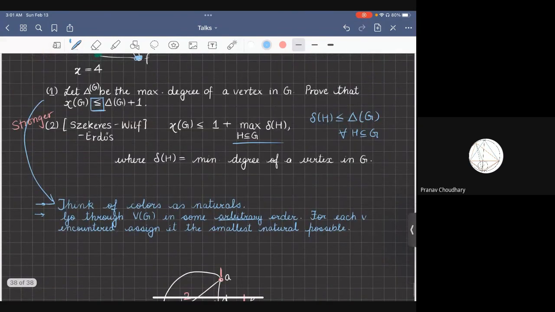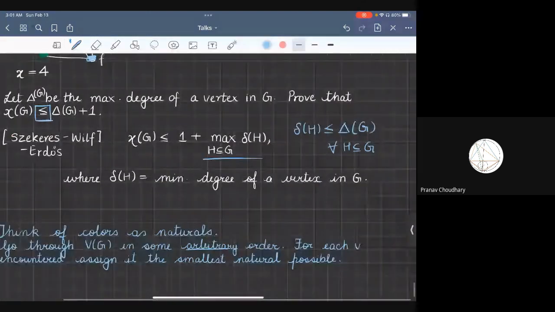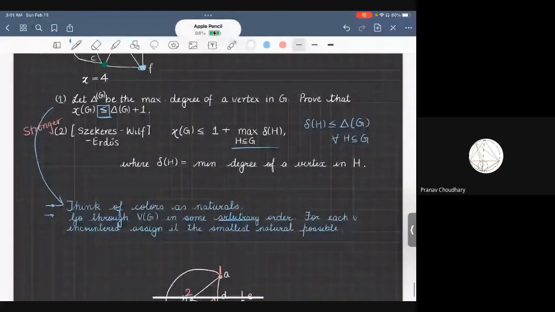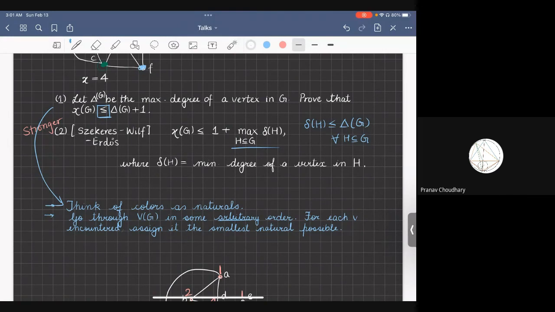Because you wrote the definition of delta H as the minimum degree of a vertex, so the degree you're considering is in G only. In H. Sorry, in H. Also, H is any subgraph, no? Any subgraph. It suffices to consider induced subgraphs, but yes, any subgraph. It doesn't really matter because if you take a max, then only induced subgraphs matter.